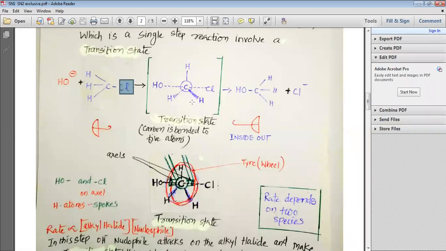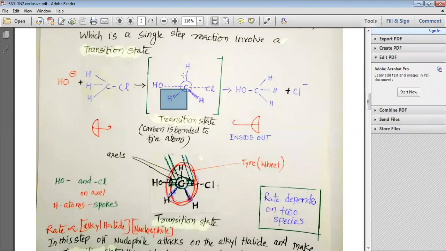They are arranged in a particular manner. You can see that this hydrogen is coming towards you. This hydrogen is going away from you, outside the plane. And that is why we have represented these hydrogens by the dash and wedge bond.